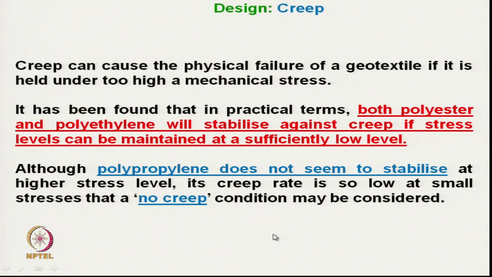After tensile characteristics, the next design parameter is creep. Creep is a characteristic which can result in failure of the structure. So, it has been found that in practical terms both polyester and polypropylene will stabilize against creep if the stress level is maintained at a sufficiently low level.